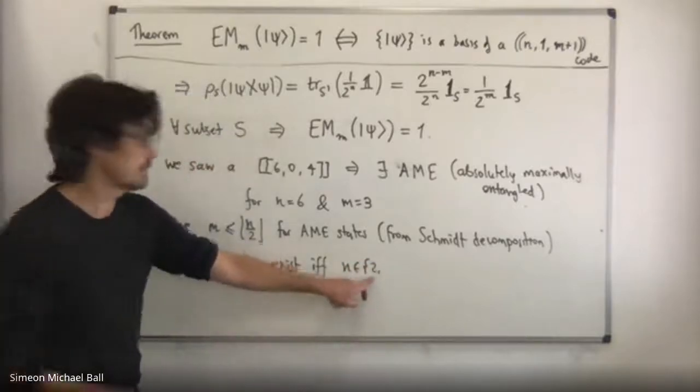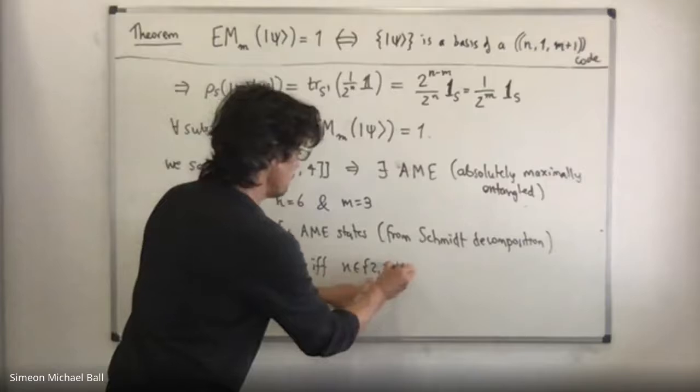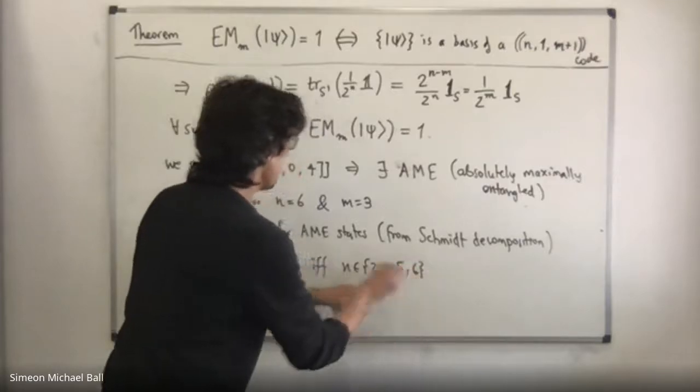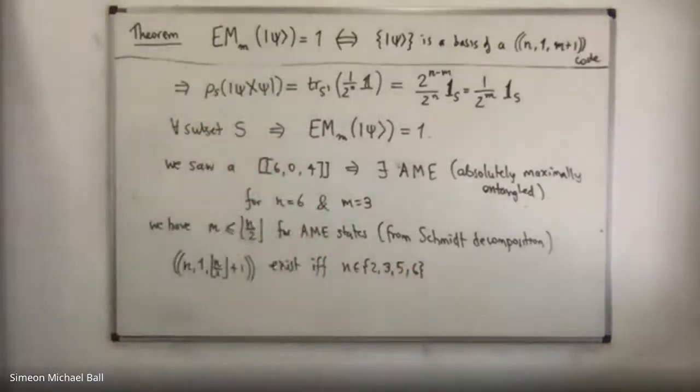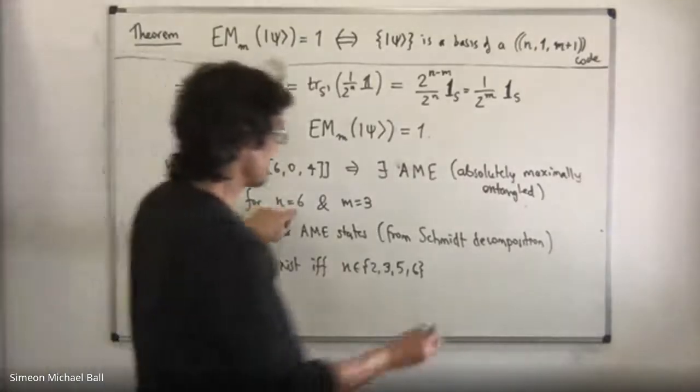That was the Bell state. There's one for 3, there's one for 5, and there's one for 6, which we all saw in the class. Yeah, so this N is 6 as a stabilizer code.